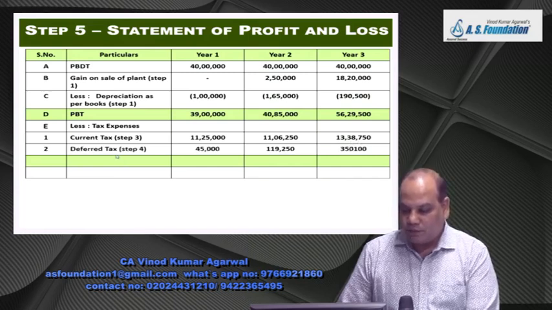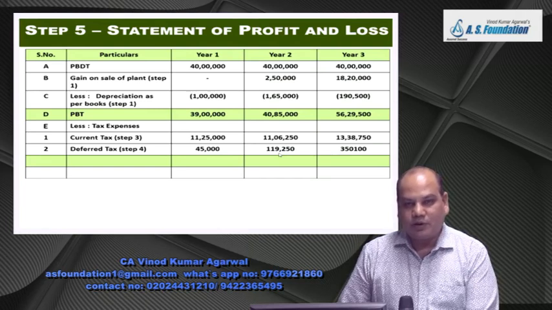One more thing, right? Deferred tax. Where is deferred tax? Step 4, last line. Amount debited to P&L account. 45,000. 1,19,250. 3,50,100. 3,50,100.